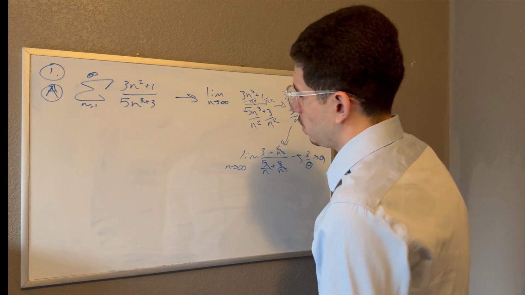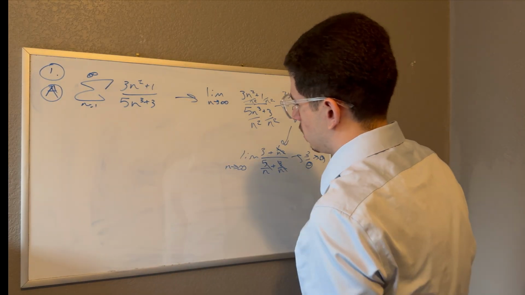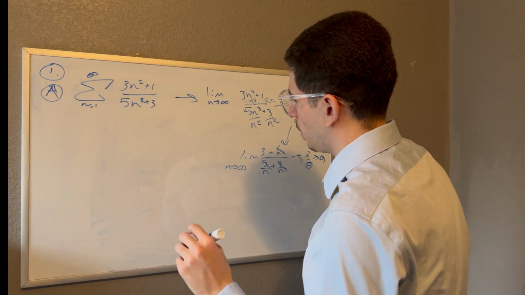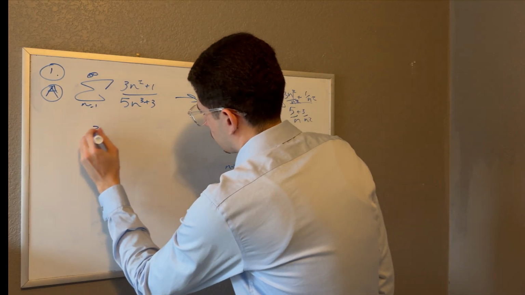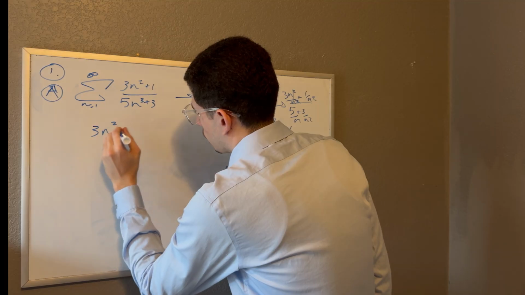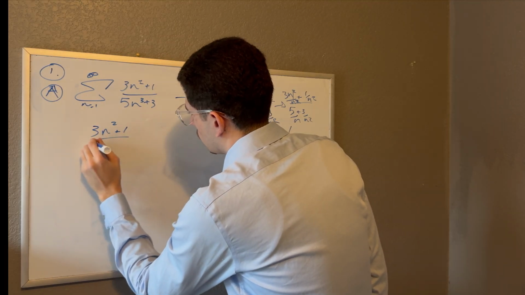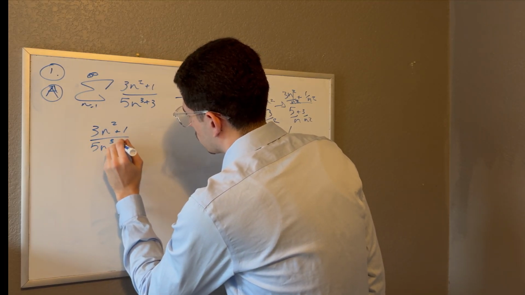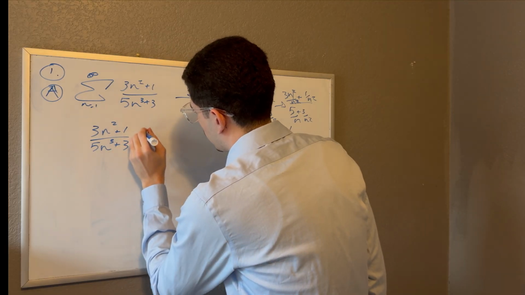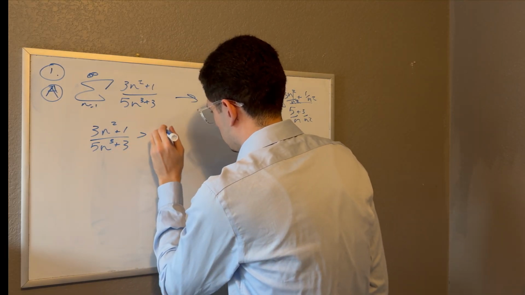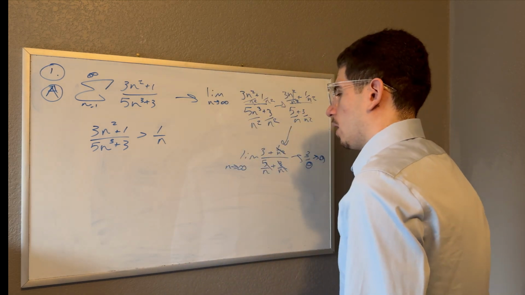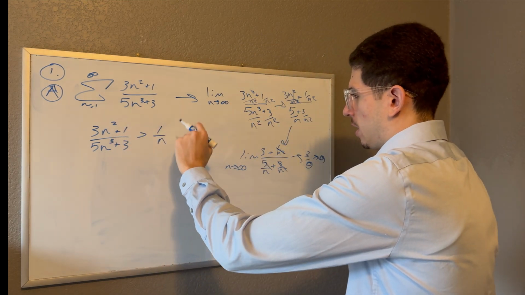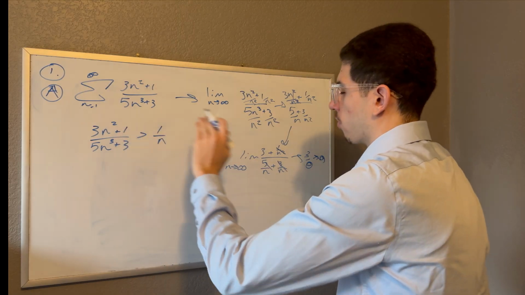Now the test you should use when it's like this is not a limit comparison, but a comparison test, which would look like this. 2n plus 1. Now we're going to compare it to one that diverges, which is 1 to the n. And if this one is bigger than the one that diverges, then this one has to diverge as well.